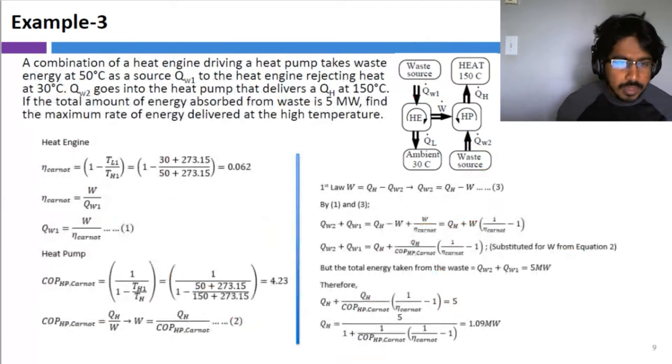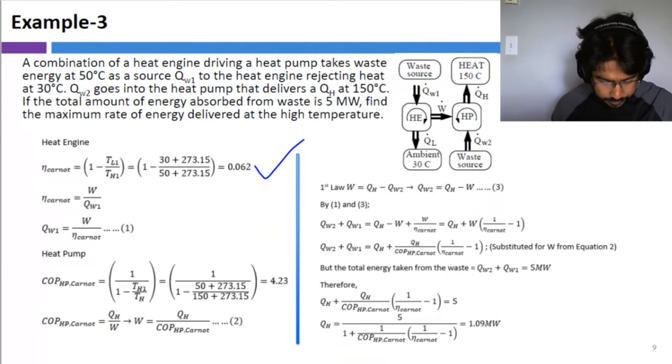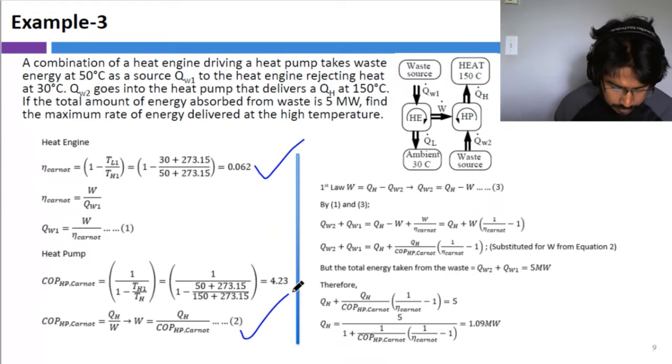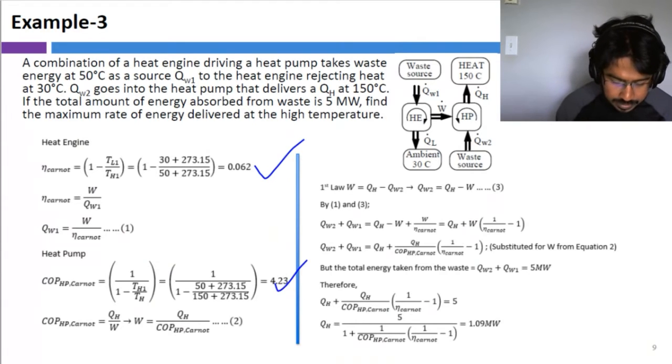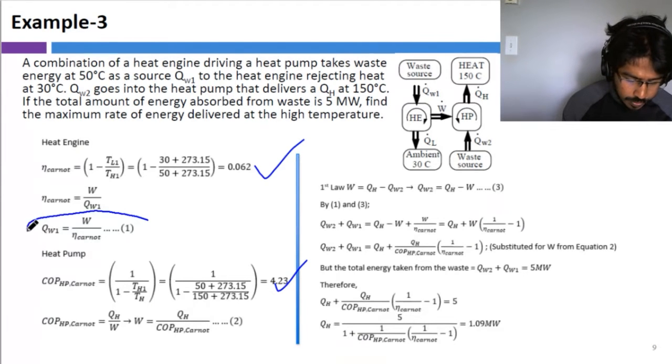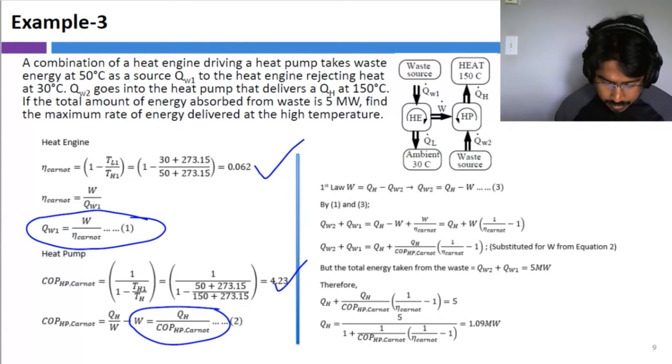Okay, so let's look into the solution as well. So we can calculate the Carnot efficiency, and we can calculate the Carnot COP as well, right? Oh, sorry, not this one, the value. And in addition to the efficiency numbers, we have the relationship with respect to QH and W. So we can take these two relationships as well, right?